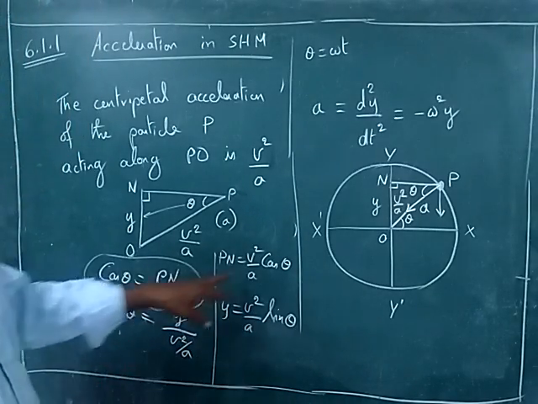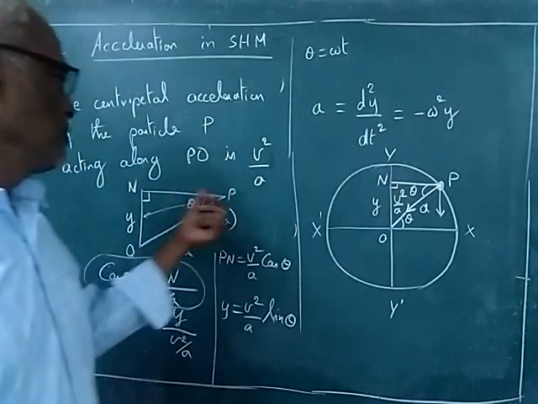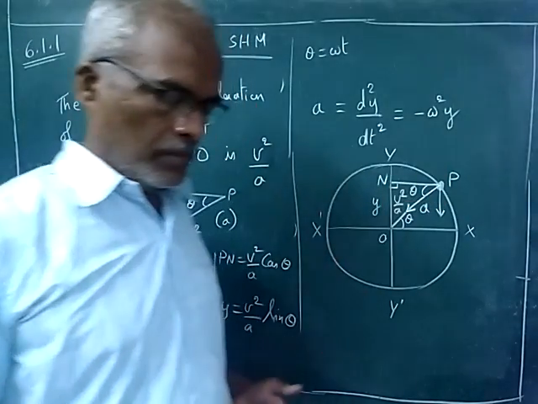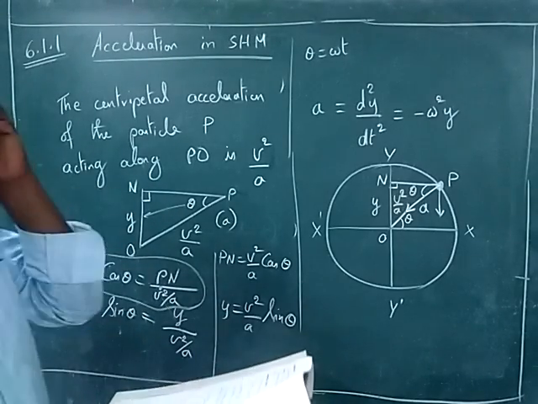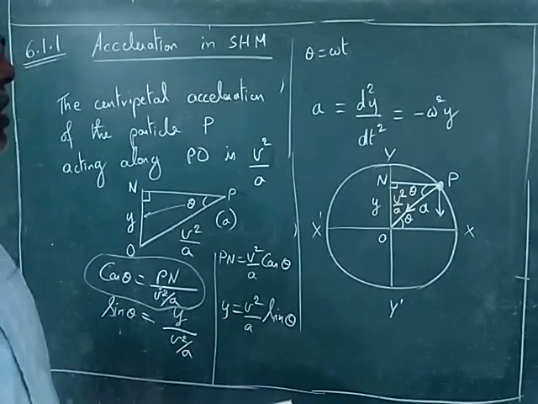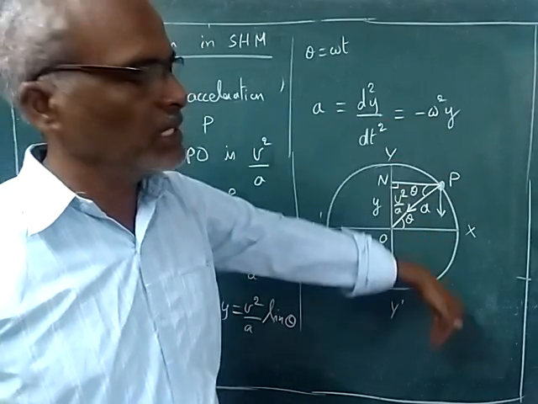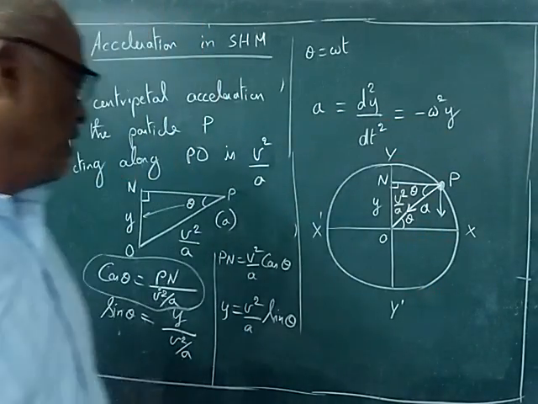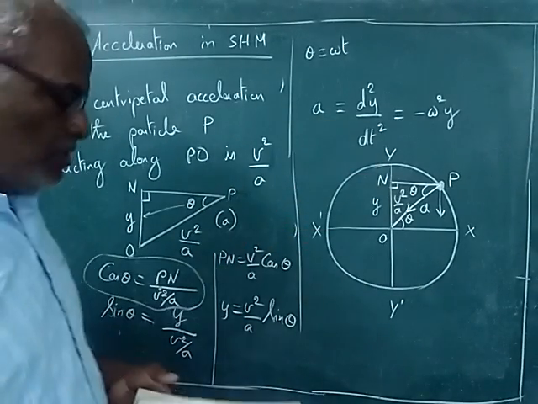V square by A cos theta along this direction Pn is not going to affect, because acceleration is moving vertically downwards. So we are interested only in the vertical component, not in the horizontal component.